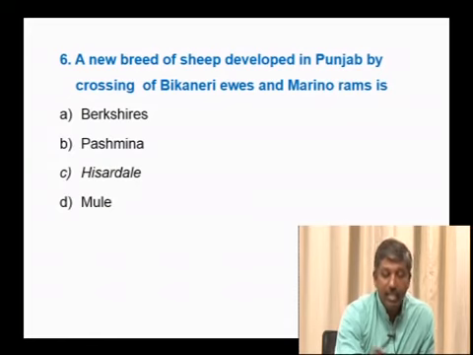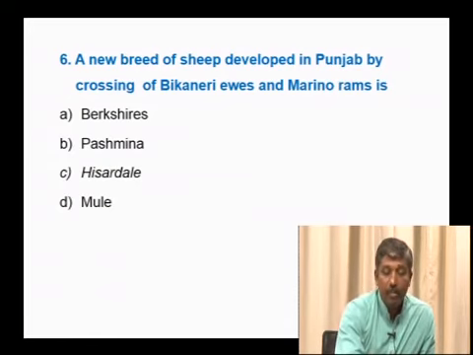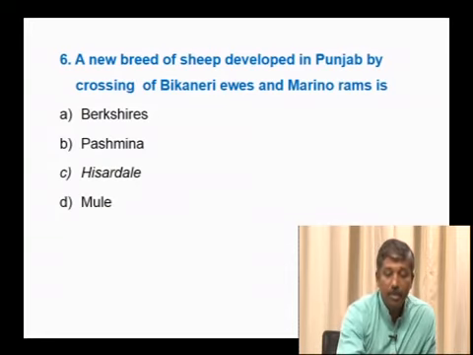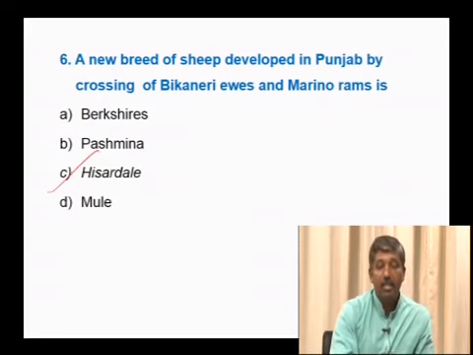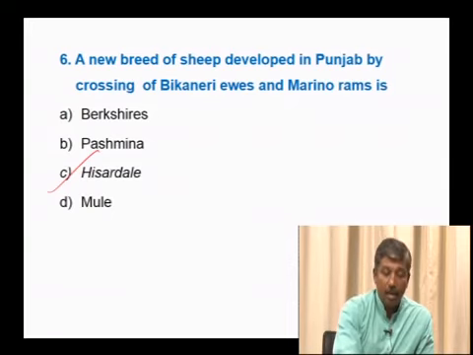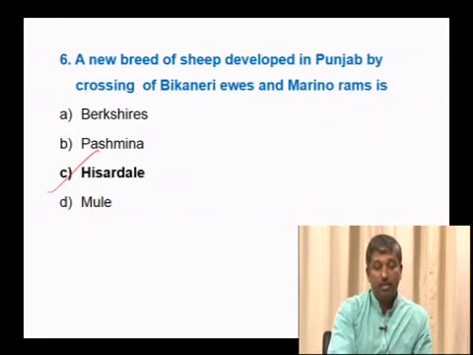Pashmina is an indigenous goat. Hisardale is a crossbreed produced in Punjab by crossing Bikaneri ewe and Merino ram. Hence, C is the right option. Mule is an interspecific hybrid produced by crossing a male donkey and a female horse.